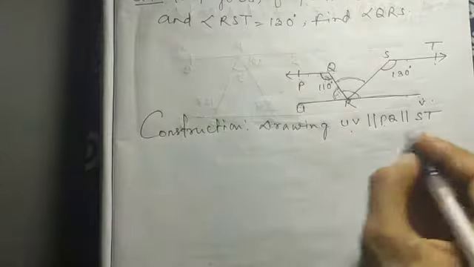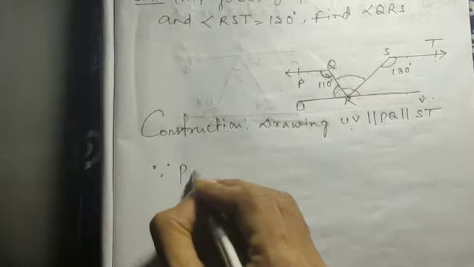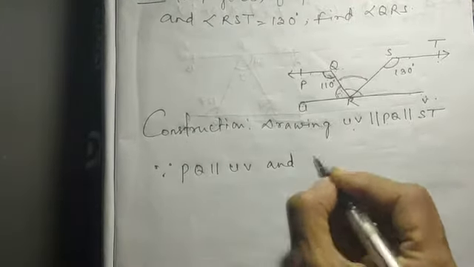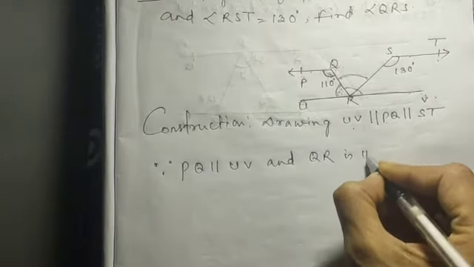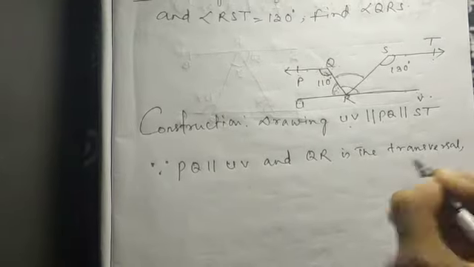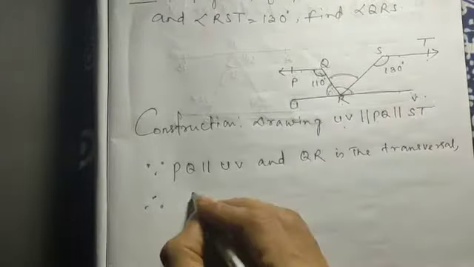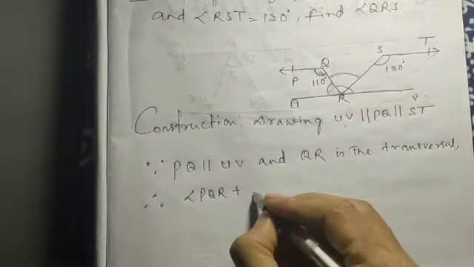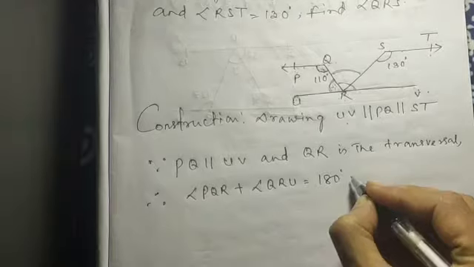Okay, so we'll write down: since PQ is parallel to UV and QR is the transversal, therefore angle PQR plus angle QRU is equal to 180 degrees. Why?